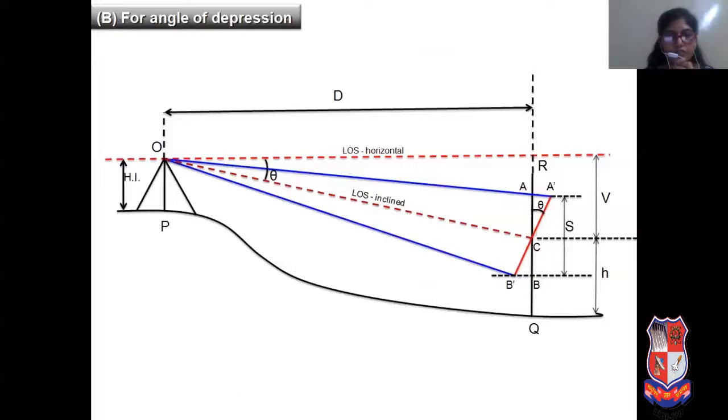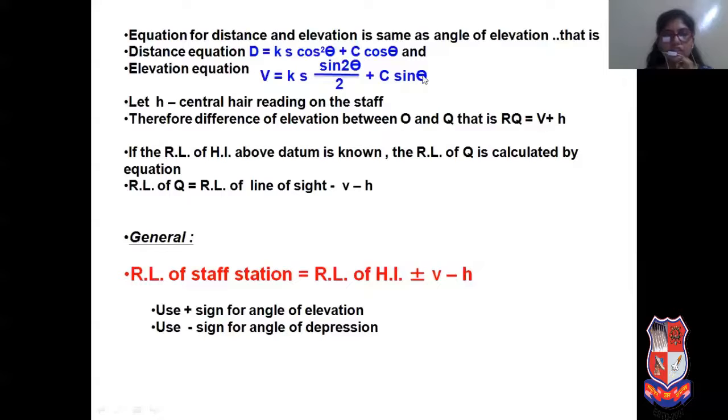There is only a difference that our instrument station is fitted at a higher elevation than the staff station, and thus both the equations for elevation and distance will be similar. To determine the reduced level of point Q, we can write RL of line of sight minus V minus H.